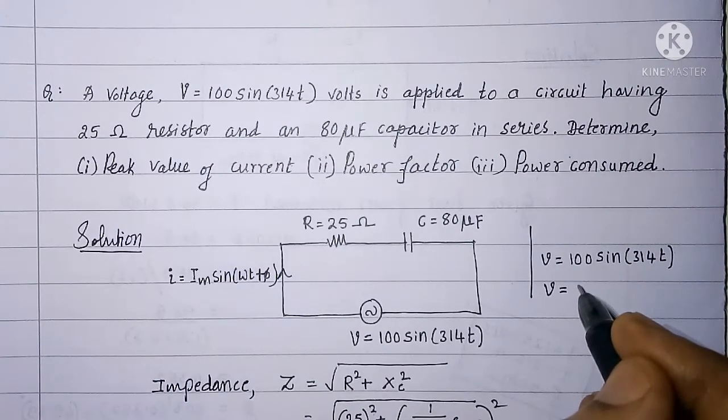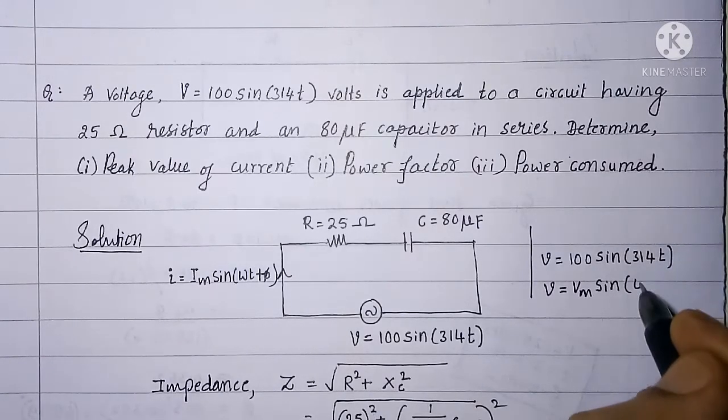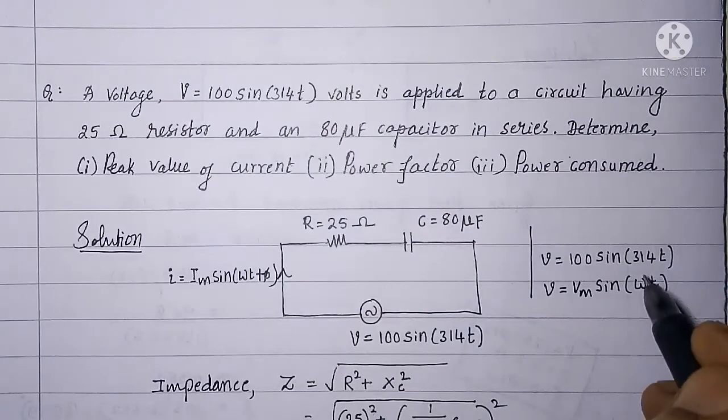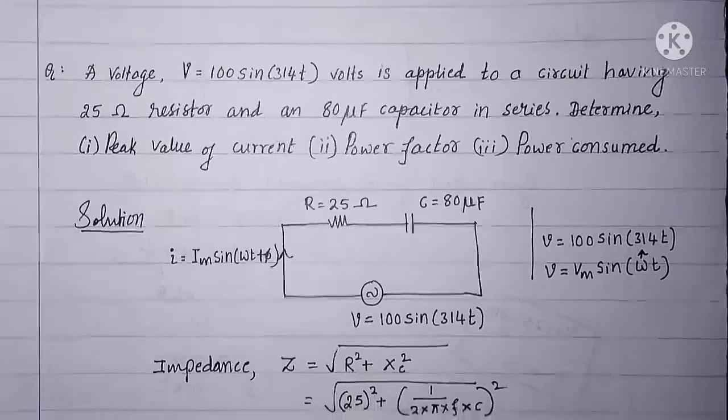The general expression for instantaneous voltage is Vm sine of omega t. So by comparison, omega is 314.